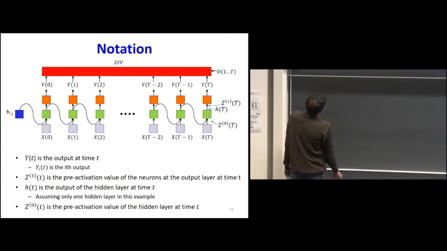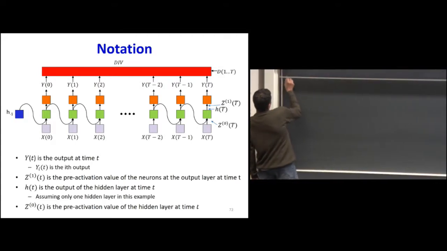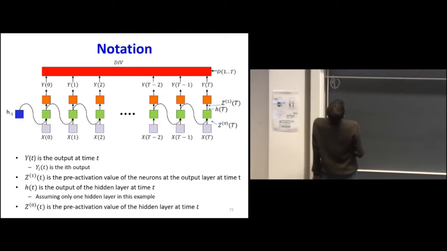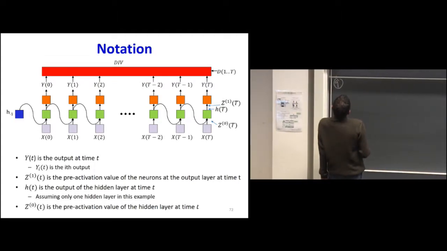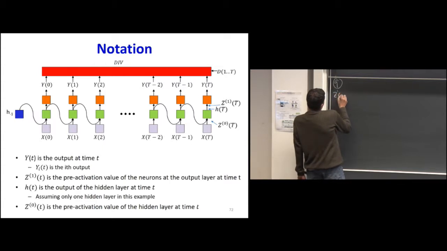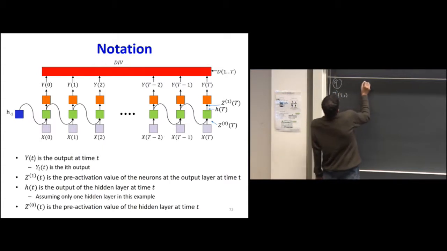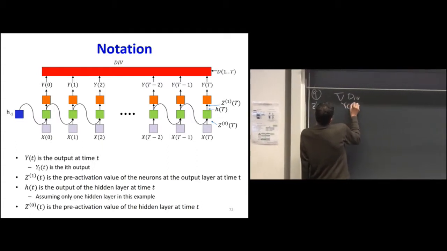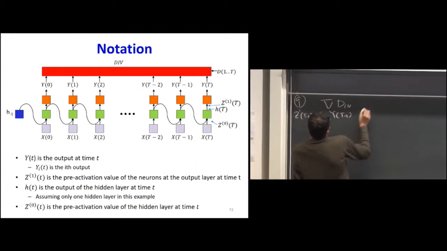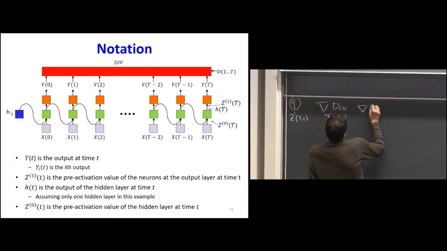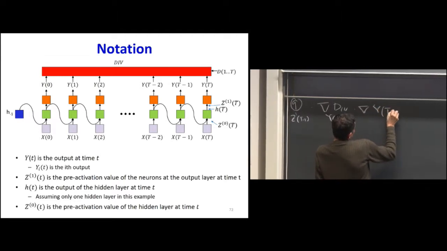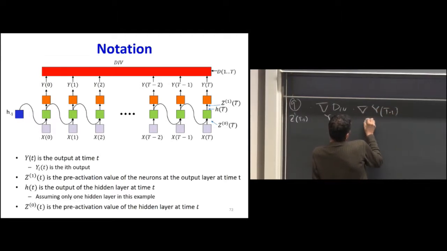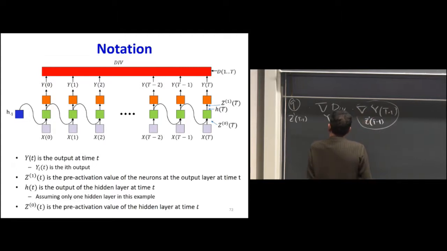So that is z1 of t minus 1: the derivative of divergence with respect to y of t minus 1 times the derivative of y of t minus 1 with respect to z1 of t minus 1. This is going to be a Jacobian, correct? Just to remind you.